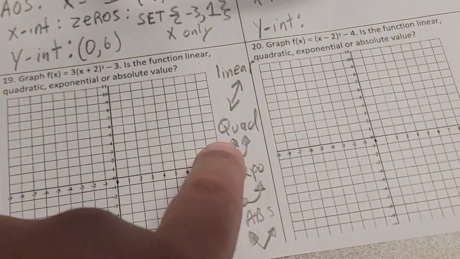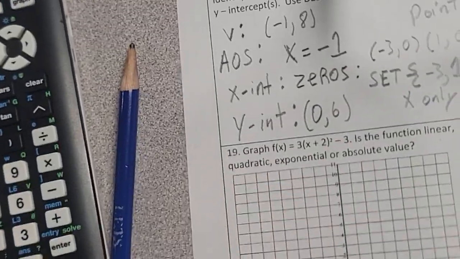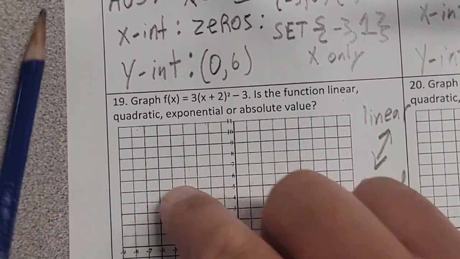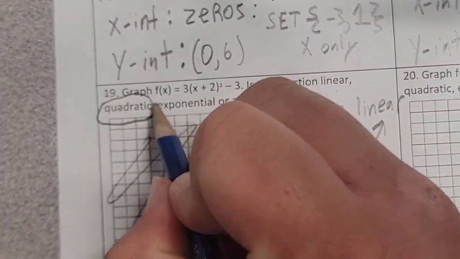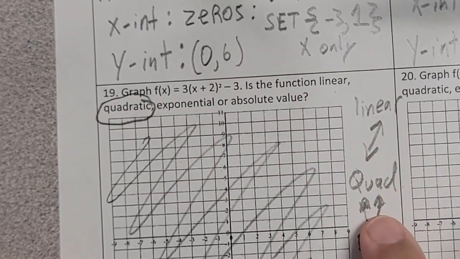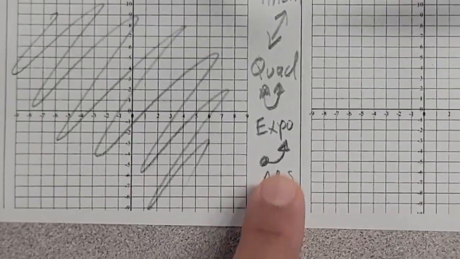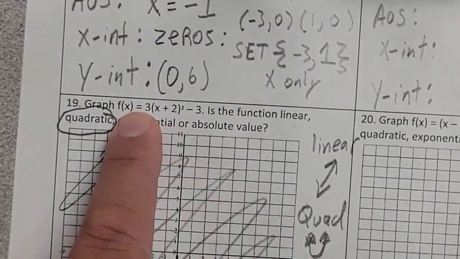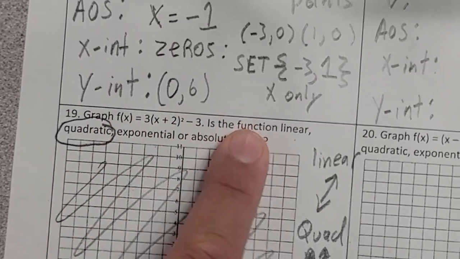That looks like a quadratic. So just circle quadratic. Now, on the test, guys, I don't know why you have this graph. Like, you don't need this. Just take it out. Just circle, it's a quadratic because it looks like this, right? If it was like a V shape, it would be absolute. If it looked like an L shape, it'd be exponential. So that's why it's really easy. Just put it in Desmos, and then circle the answer.